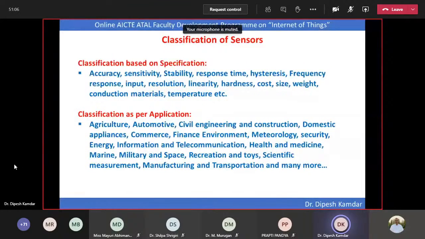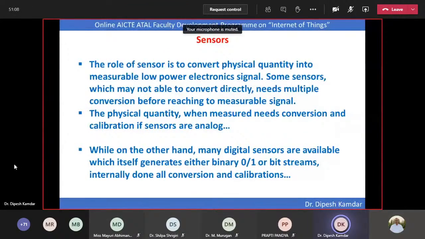Basically, as of now, what we can do is classify the sensors based on the kind of output we are getting from the sensor. A sensor can give us the output in terms of electric signals, which may be analog or digital.